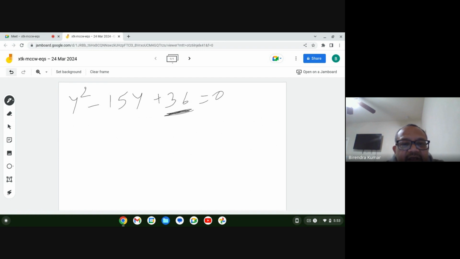Okay, my approach will be this. First thing is I see some square minus something plus something. So this is certainly not (x plus y) square because this has everything positive. So this could be something similar to (x minus y) square. This could be in that form.